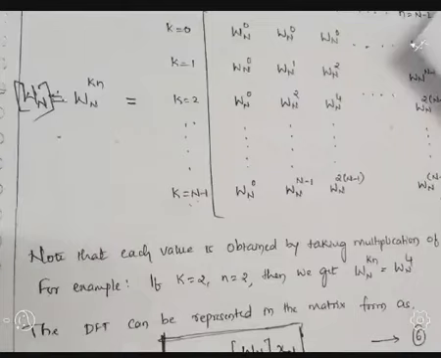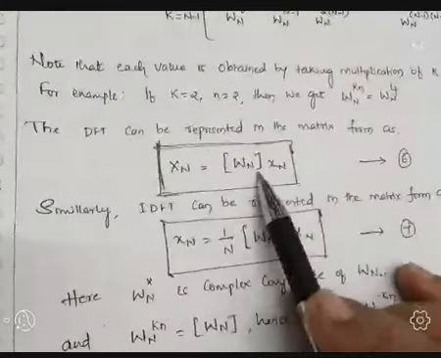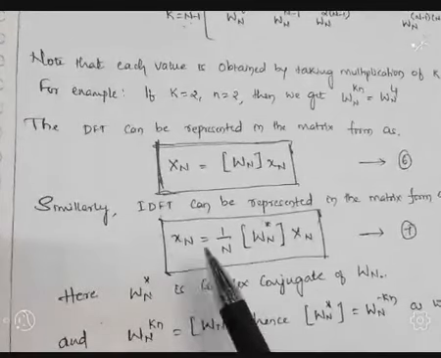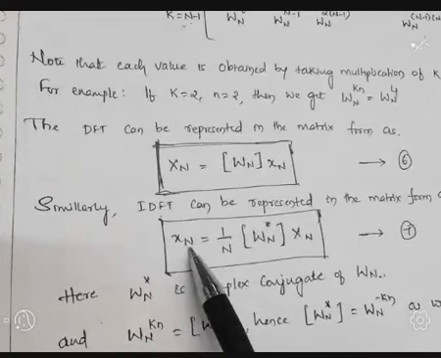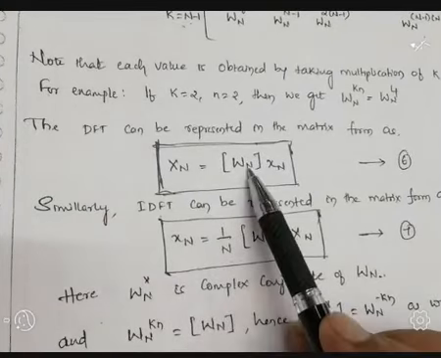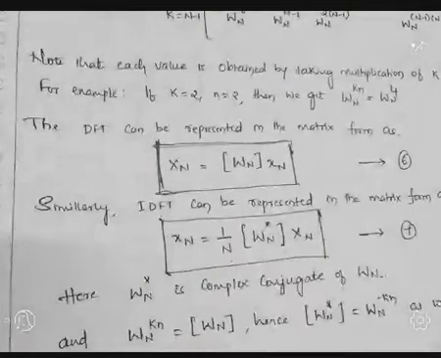So referring to the definition of the n point DFT, if you write the IDFT equation in matrix format, small x of n is represented as x suffix N equal to 1 by N times the twiddle factor matrix, but we take the complex conjugate of it, because as per the definition the power term is minus.